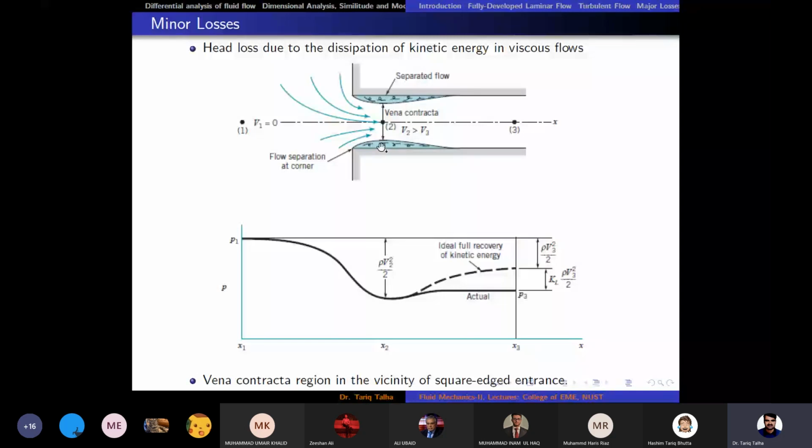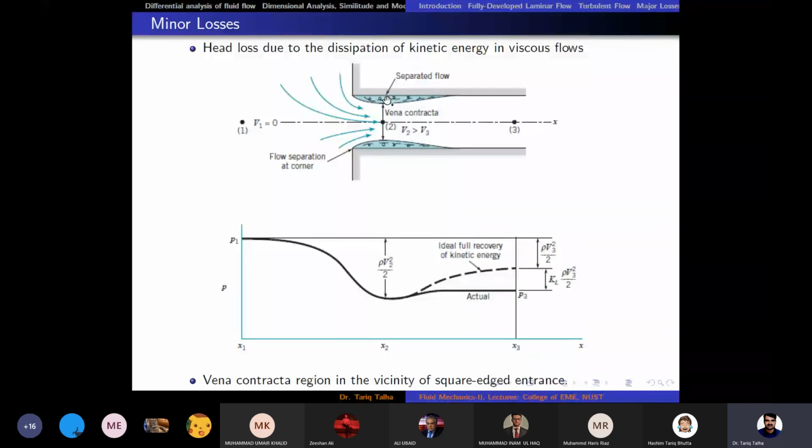Because there is a flow separation, there would be some kind of viscous dissipation in the shaded region. Whenever there is viscous dissipation, it means that it is no more isentropic flow, so there would be some permanent loss of energy head. It means that the mechanical energy of the system is being converted into thermal energy of the system, right?